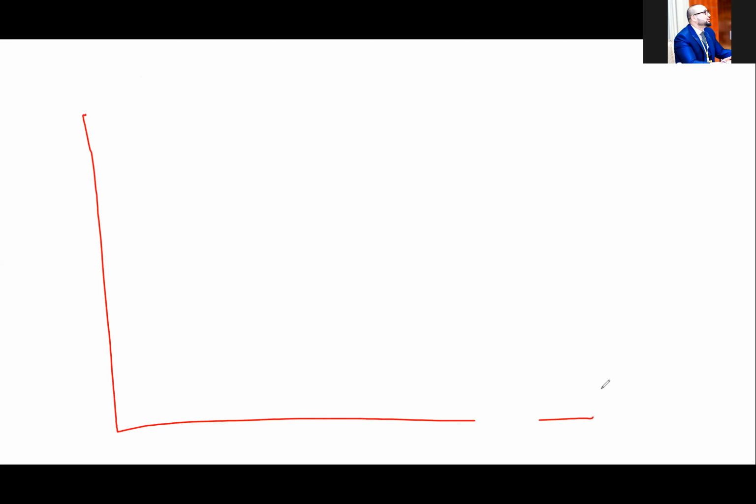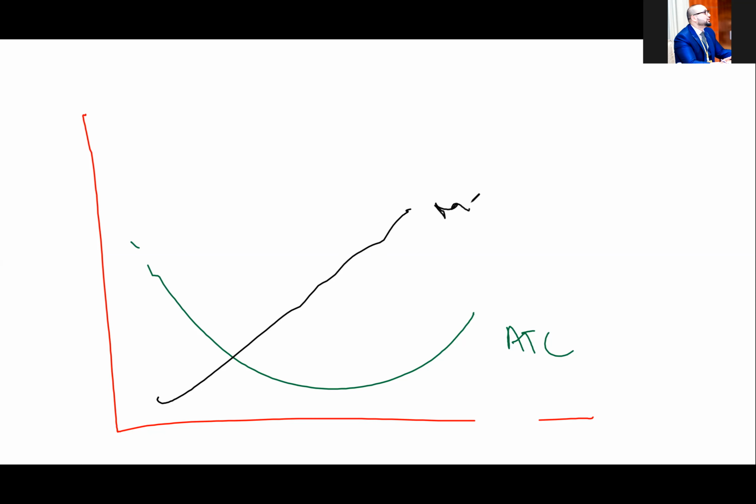So if we draw a graph, what are the cost curves? Cost curves, let me just draw with different colors. We know that average total cost is a U-shaped curve. Monopoly is upward sloping.